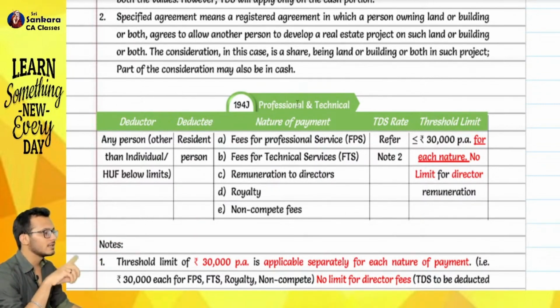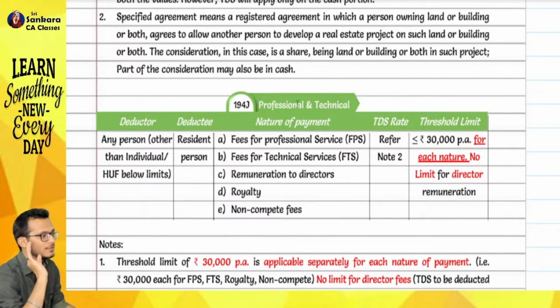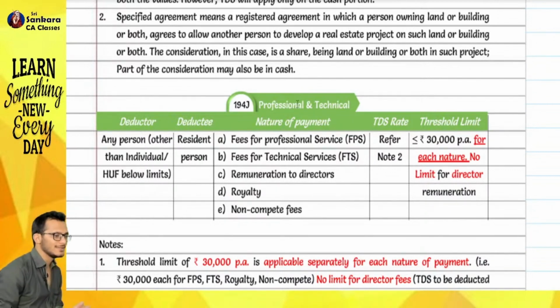If it is technical service 2%, professional service 10%, royalty for cinema films 2%, royalty for non-cinema films 10%, director fees 10%. Clear? Yes.